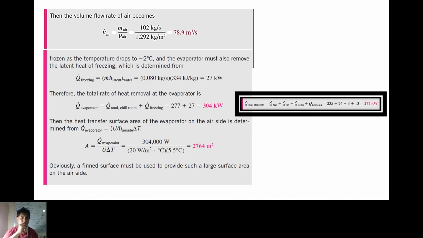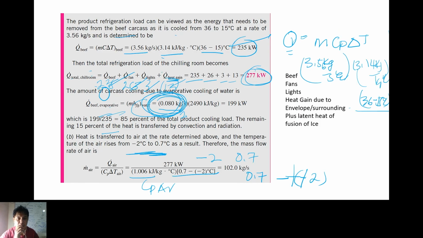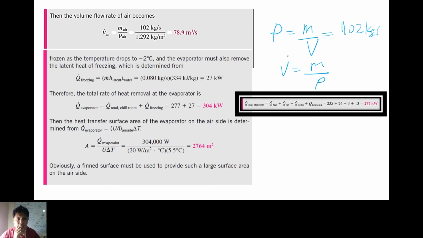Ngayon, paano mo gagamitin yon sa volume of air? Kasi density is mass over volume, so yung volume is mass over density. Mass ng air is 102 kilogram per second, tapos yung density ng air is 1.292.